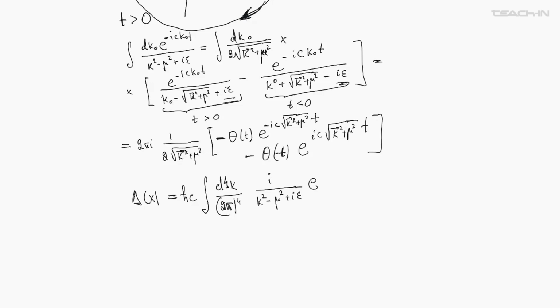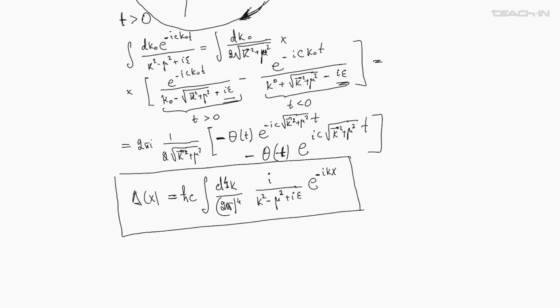This is a concise and fundamental formula which shows you what the Feynman propagator is. Causal properties are now encoded exactly in this little shift by i epsilon in the denominator.